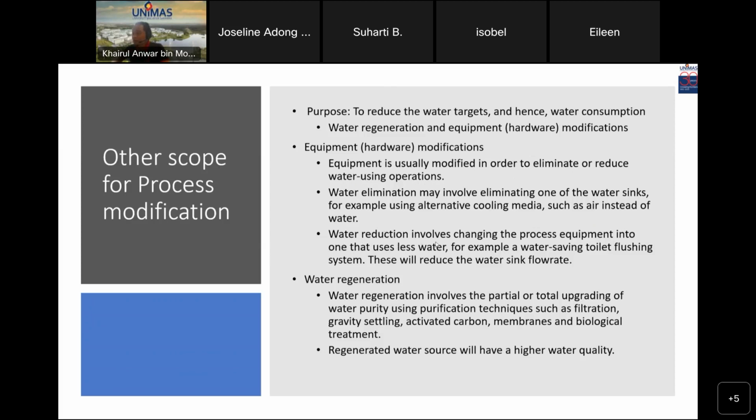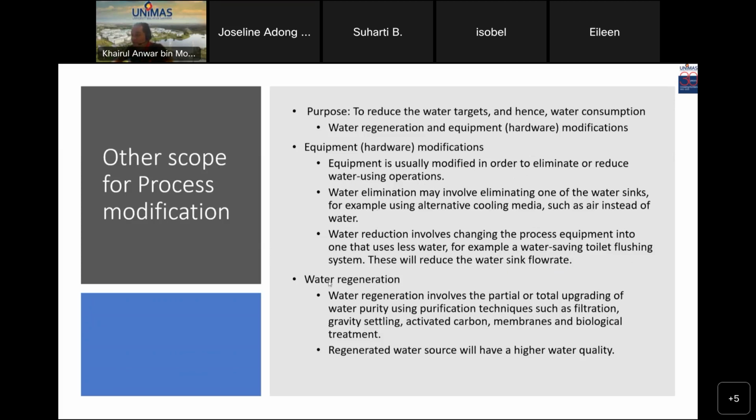Water reduction involves changing the process equipment into one that uses less water, for example, a water saving toilet flushing system, which reduces the water sink's flow rate. So for equipment modification, it's either eliminate or reduce the water using operation.